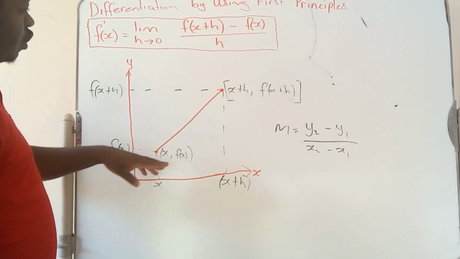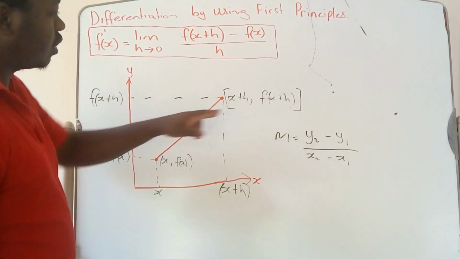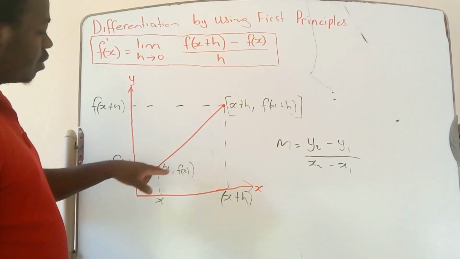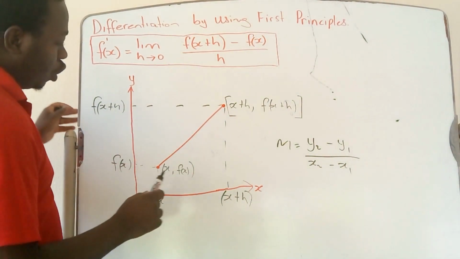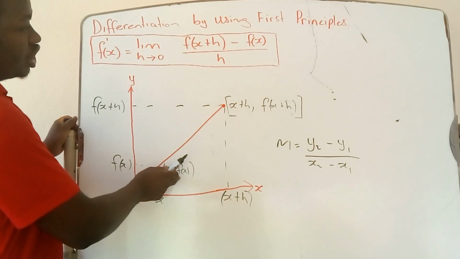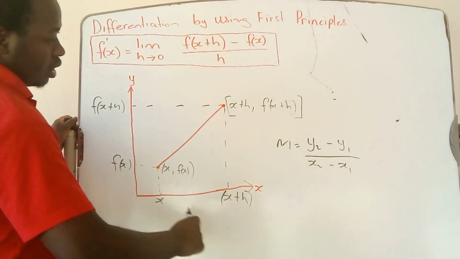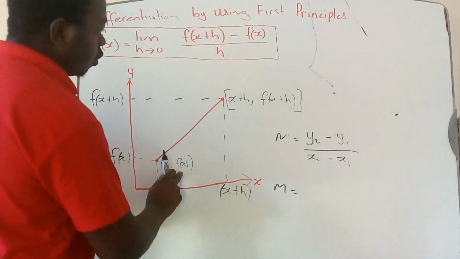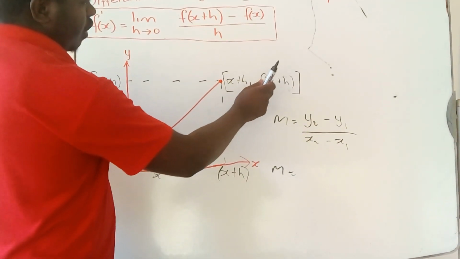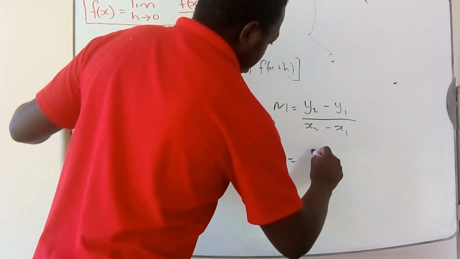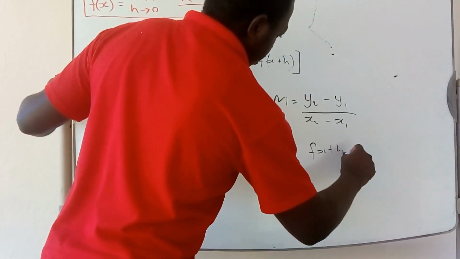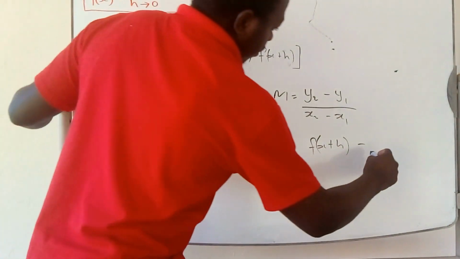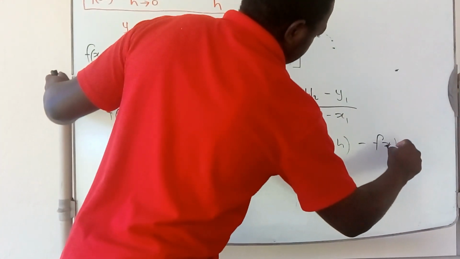Now, if we are using these coordinates, how would we use the same idea to come up with this formula? So now, what would be our change in y? Our change in y would be f of x plus h, all of that subtract f of x, right?